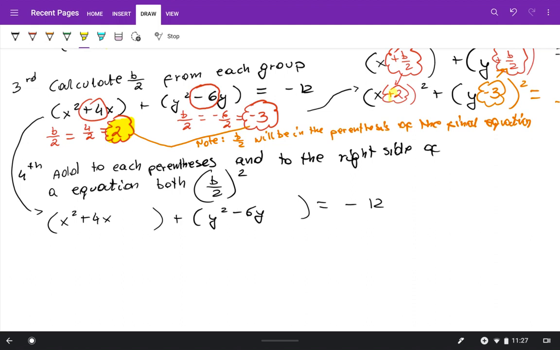That 2 is here, and that negative 3 is here. So you already have 90%. That's what I mean by that shortcut.